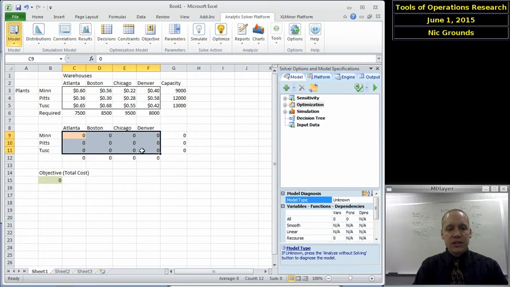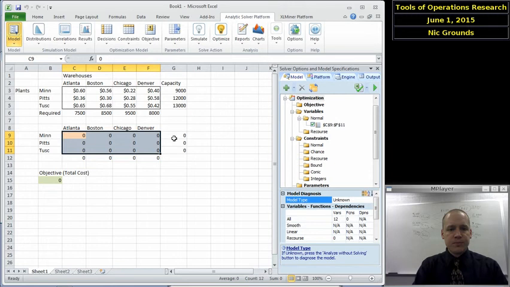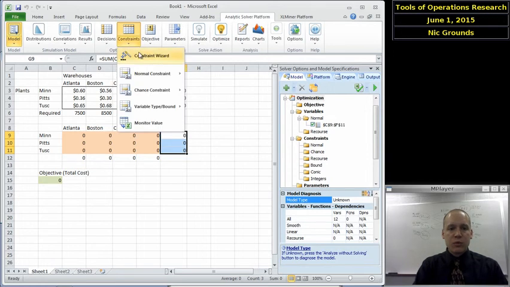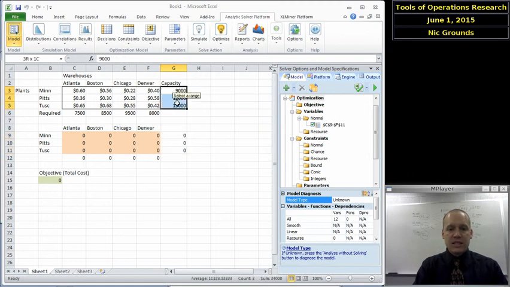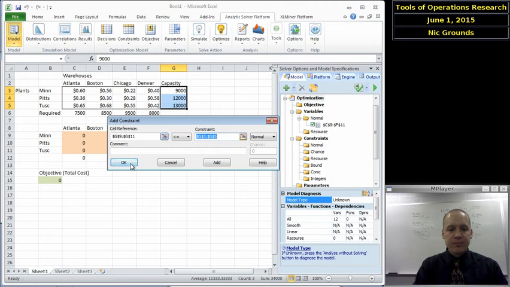So I'm going to highlight all the decision variables, all the amounts that we can choose, which are the amounts of product to be shipped on each route. We'll make those our decision variables. And then we basically have two kinds of constraints. That is, we want to limit the amount shipped from each plant. We're going to constrain that to be, well, we can't ship any more than the capacity. So that must be less than or equal to the capacity.